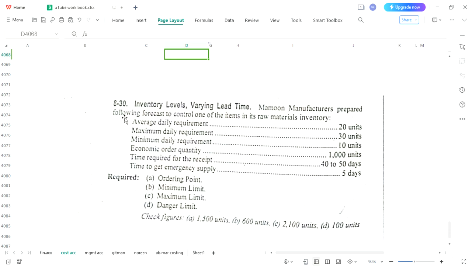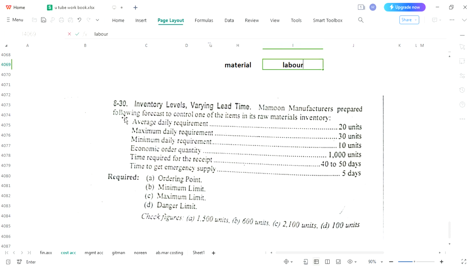So in the whole of cost and management accounting, there are only three main elements involved, and let me write these three. You will be learning how to control your material, then you will be understanding labor costing, and then finally factory overheads.